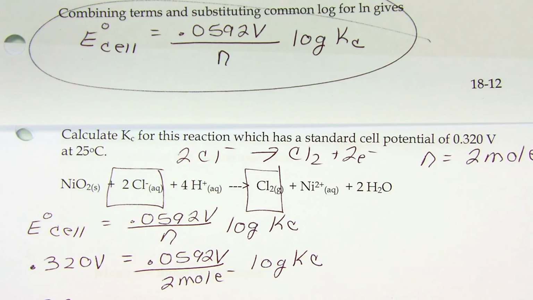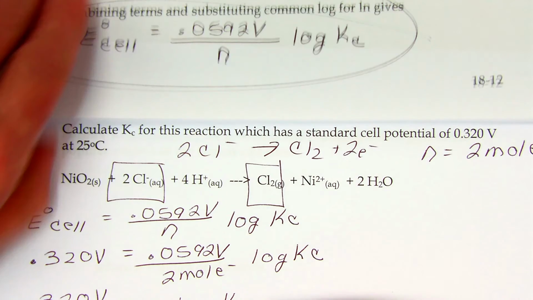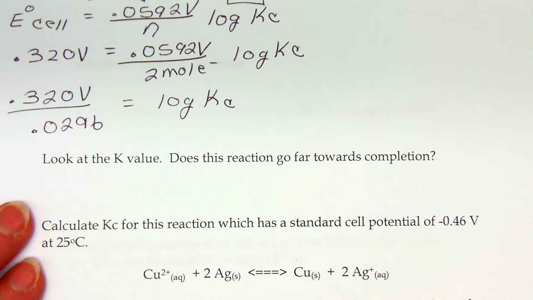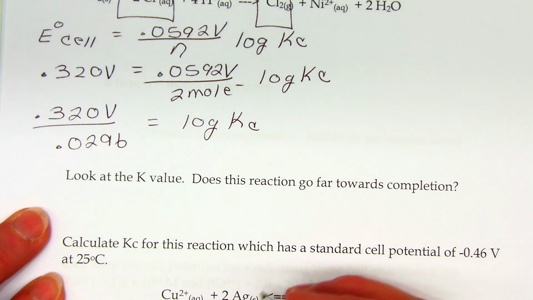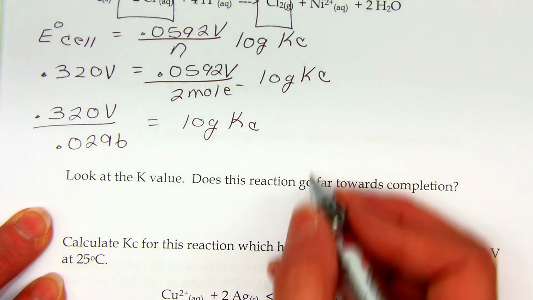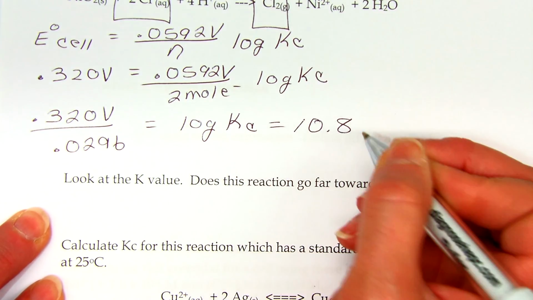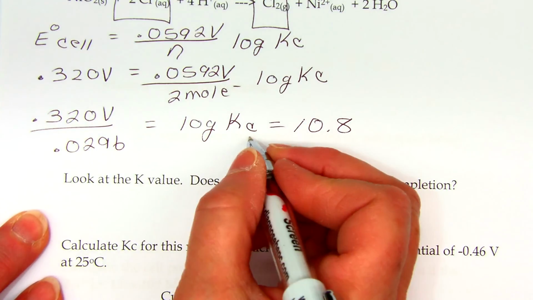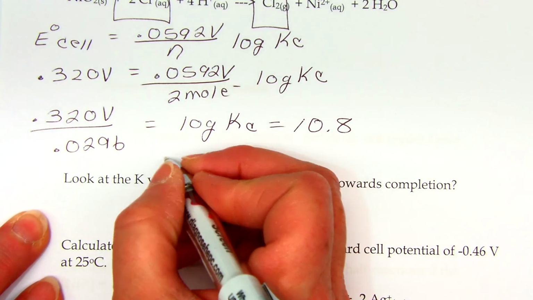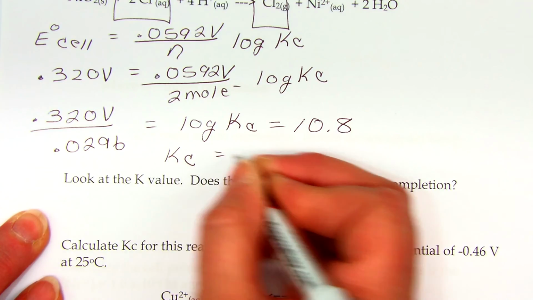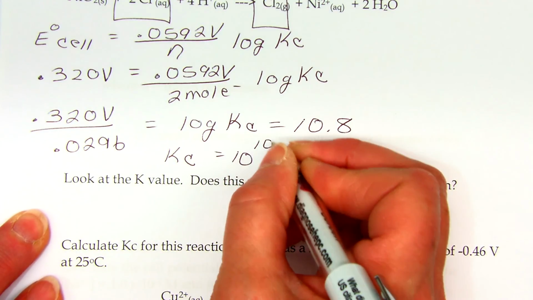So 0.320 volts divided by 0.0296 is equal to the log of K sub C. And when we do the math, that's equal to 10.8. We don't want the log of K sub C, we want K sub C. So K sub C is equal to 10 to the 10.8.